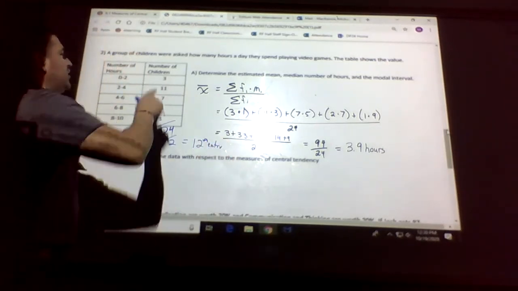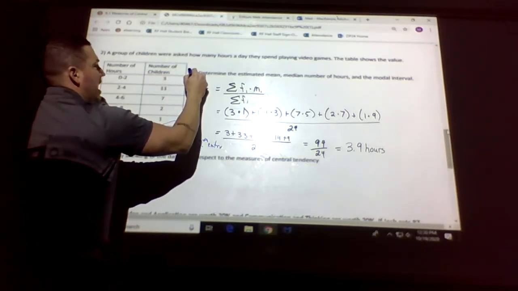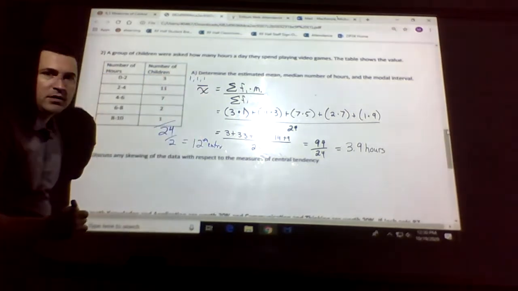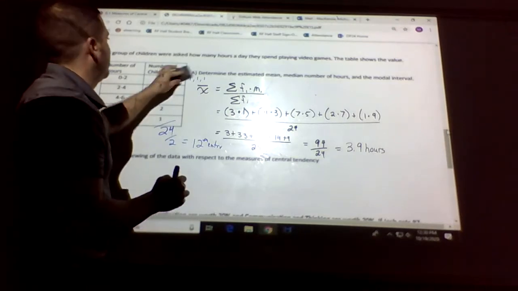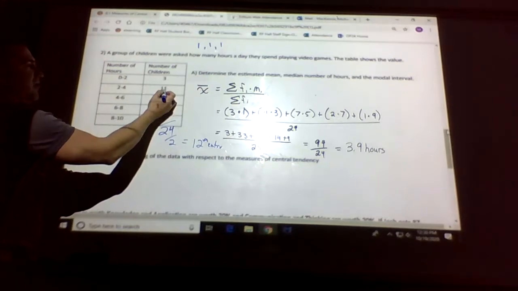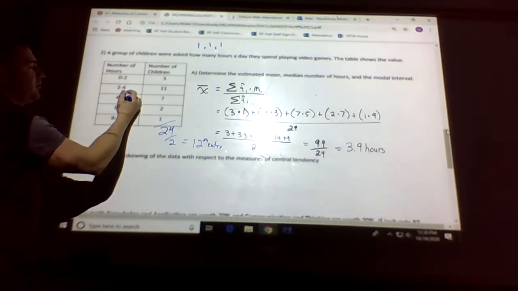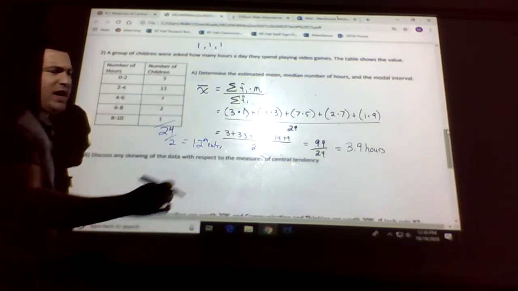Okay, so if you can imagine that we have 3 here, imagine they were all 1 hour. So you have 1 hour, 1 hour, 1 hour. Then you have 11 students, children, doing the numbers from 2 to 4. Let's imagine they were all 3 hours.